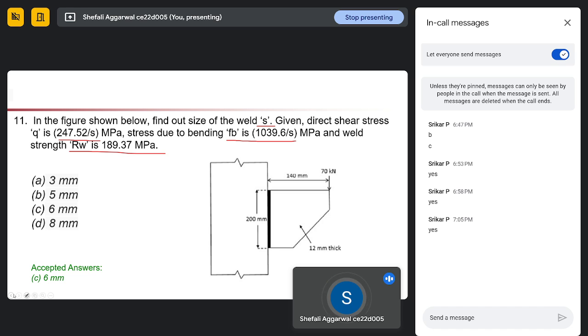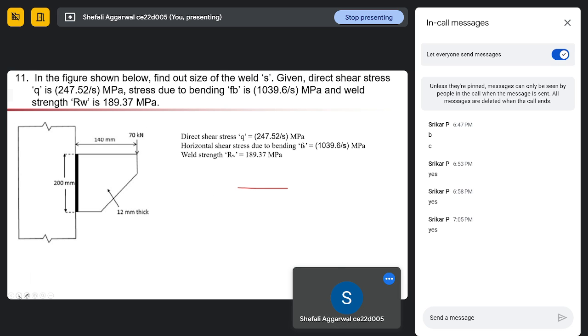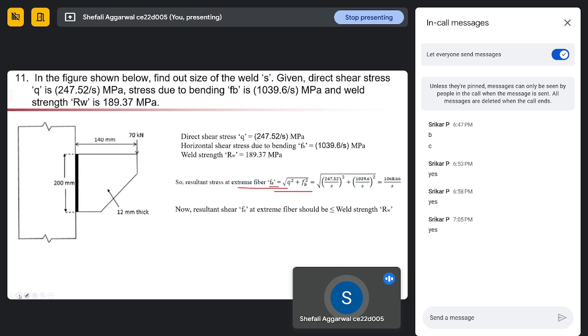Nothing else is given, so we are assuming that it is our fillet weld. In case of fillet weld, the resultant stress is the square root of Q square plus FP square. So Q is given to us, FP is given to us. We can calculate the resultant stress FR, and we know that our FR should be less than or equal to RW. So let us equate it: FR is equal to RW.